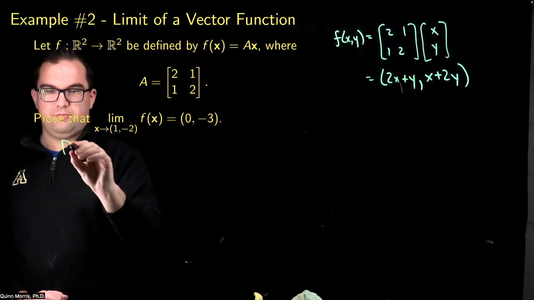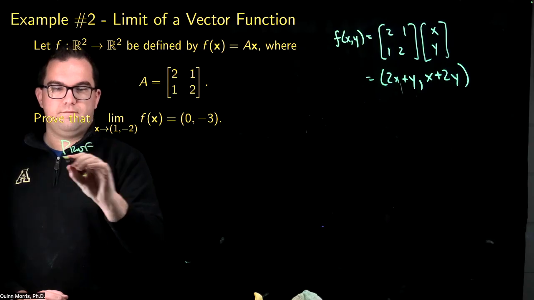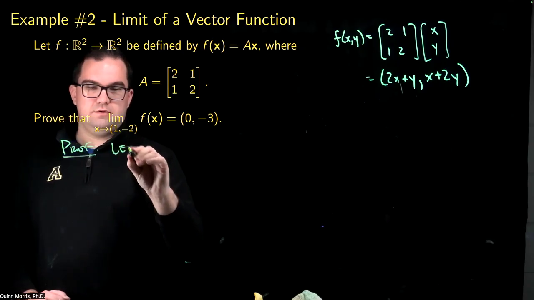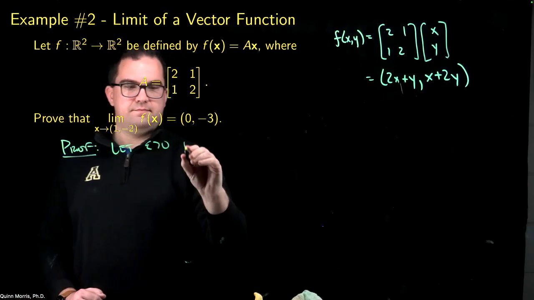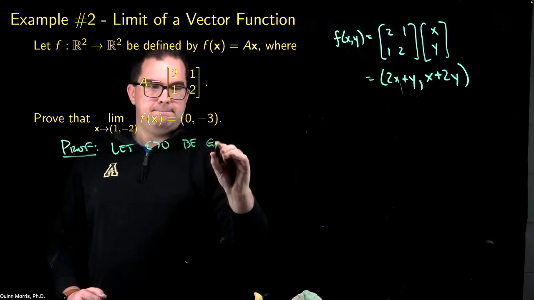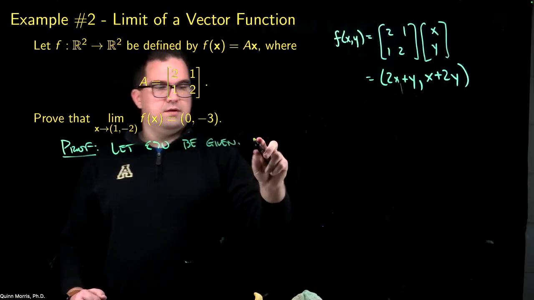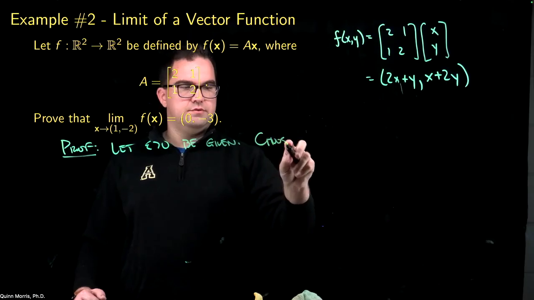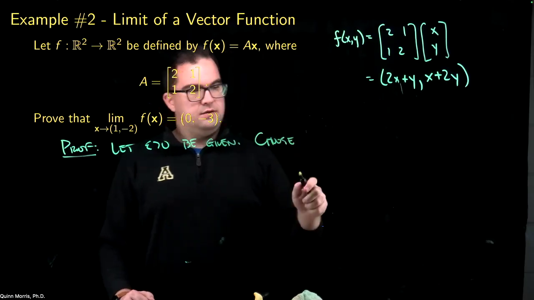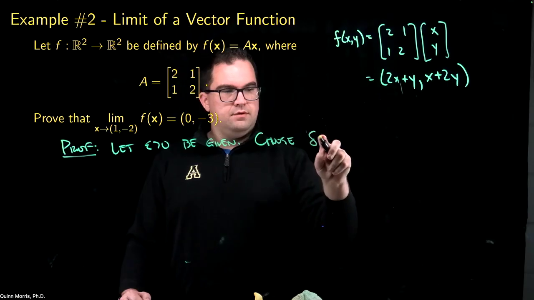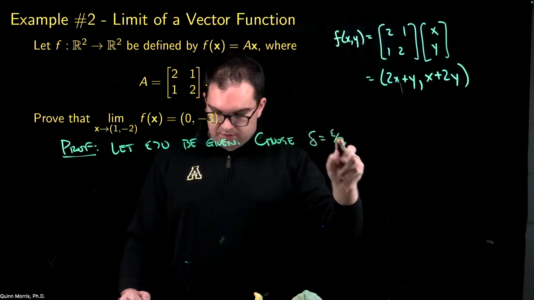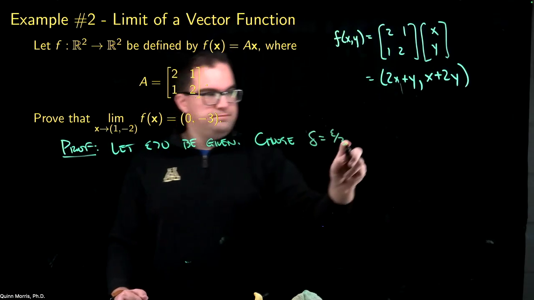All right, so here's my proof. I'll let epsilon greater than 0 be given. I'm going to choose my delta simply to be epsilon over 3.